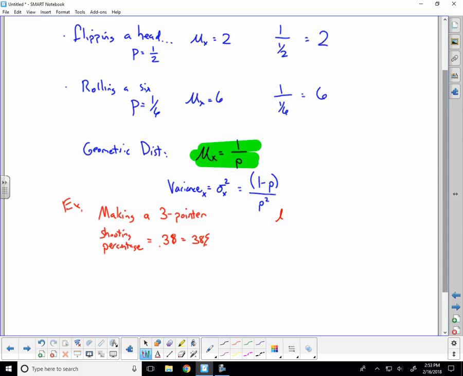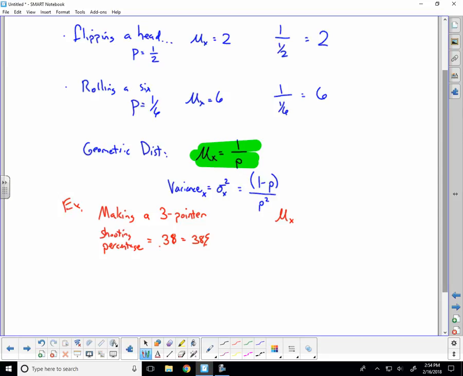So, in words, what is the mean of this distribution telling me? How many times it will take them to do what?